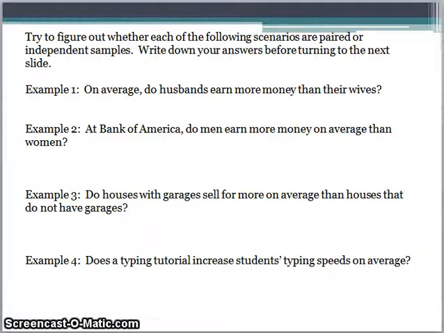So take a look at these four examples and see if you can figure out whether they're paired or independent samples. Write down your answers and pause the video, and we'll see how many you got right.